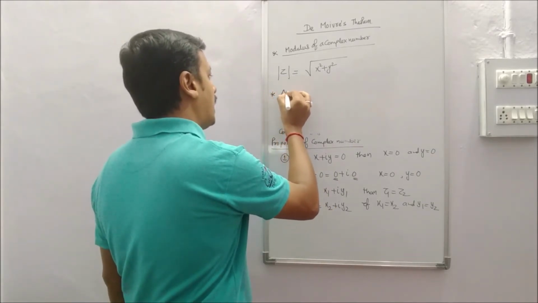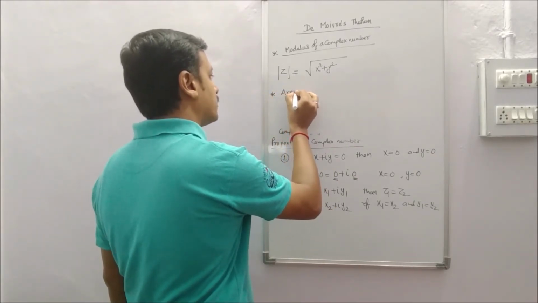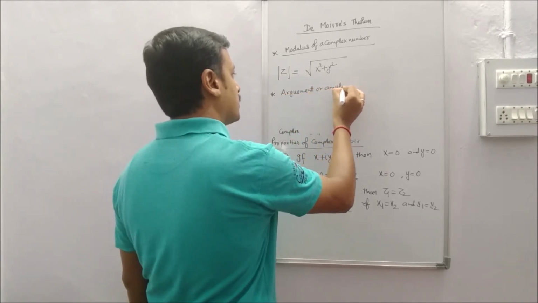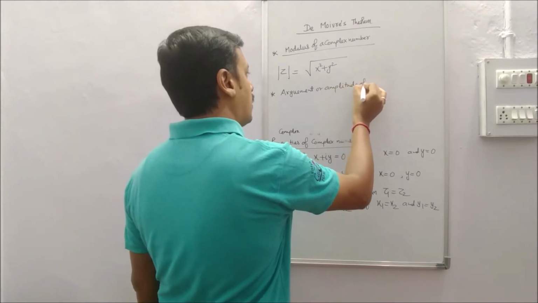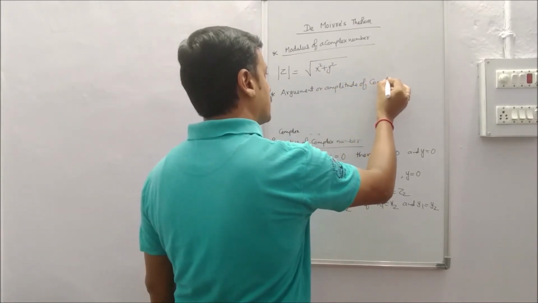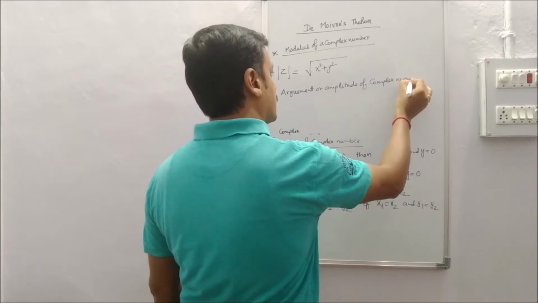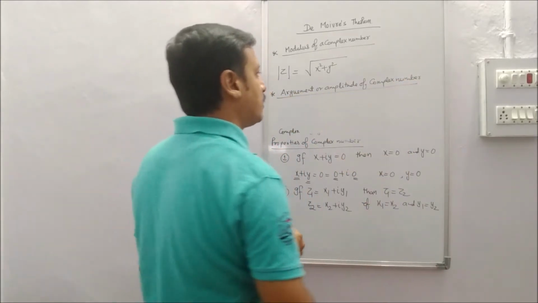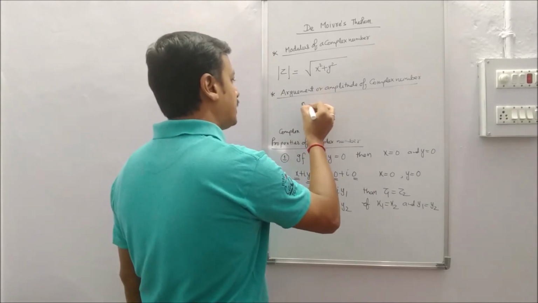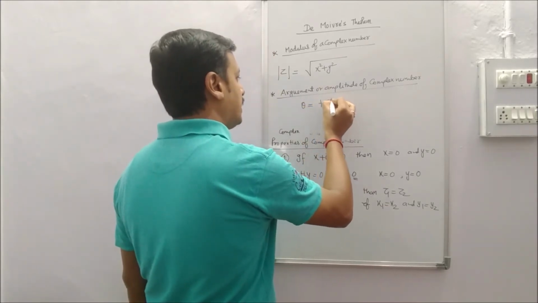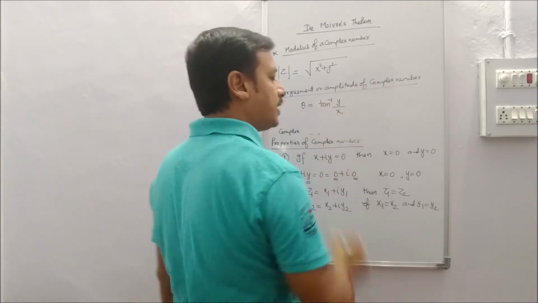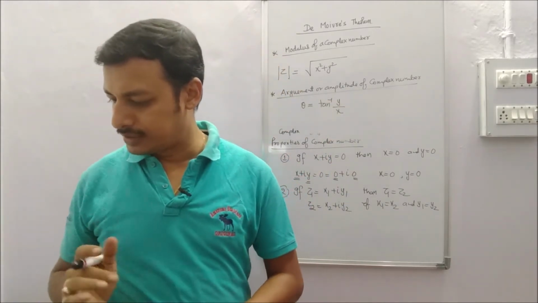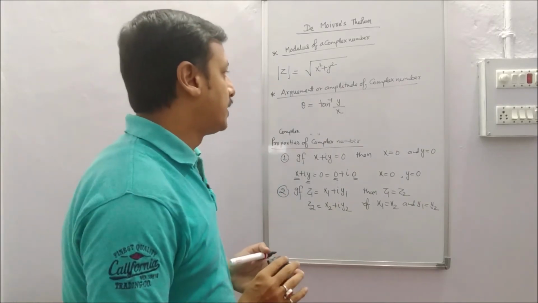Next, the argument or amplitude of a complex number is represented by theta, which is equal to tan inverse y by x. These are the modulus and argument of a complex number.